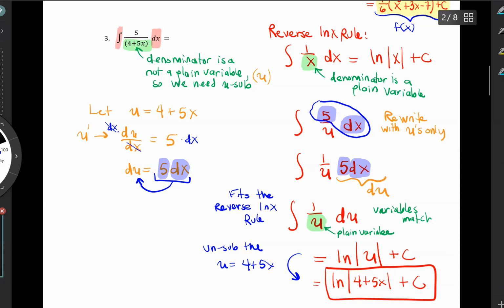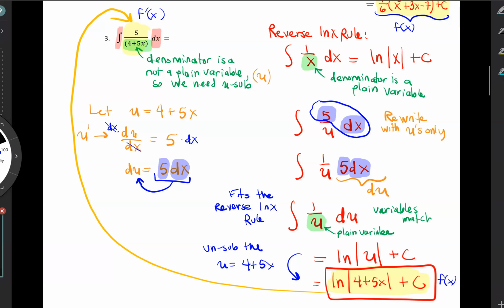We're claiming that this is the original function. So I could check myself. I won't do it today, but here's my original function. If I take the derivative of that, I should get this original integrand back. Right? Remember this original integrand? That's like your f prime of x. I'm just claiming I found a general function with a generic c in it. So if I took the derivative of that, I should get the original one back.